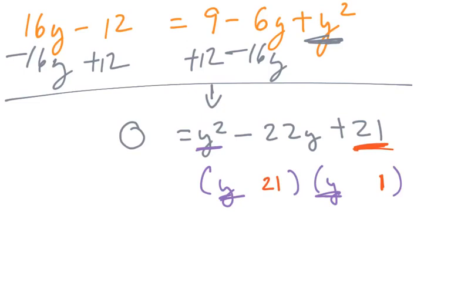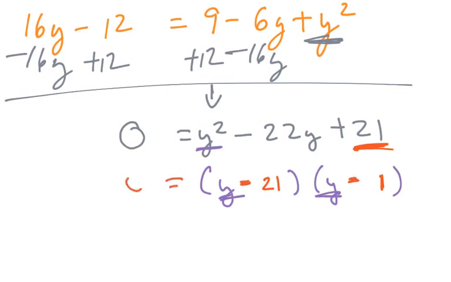The reason why I immediately excluded that option was 21 and 1 add up to 22. There's no way 7 and 3 is going to even get close to it. But if you did try 7 and 3, that's fine. Remember back when we talked about this, I said don't think too much about it. I just think it's blatantly apparent that we want to use 21 and 1 versus 3 and 7 here.